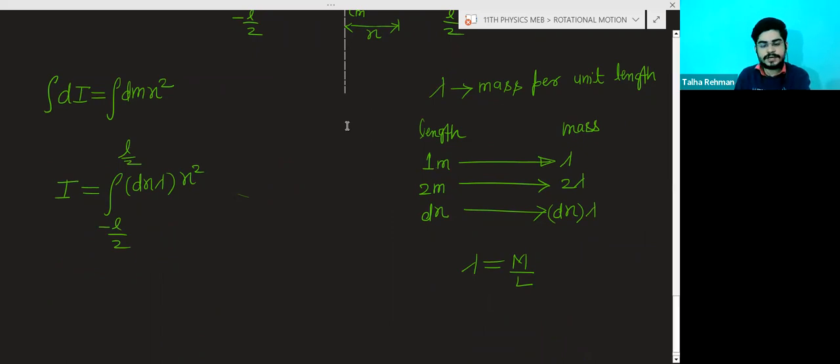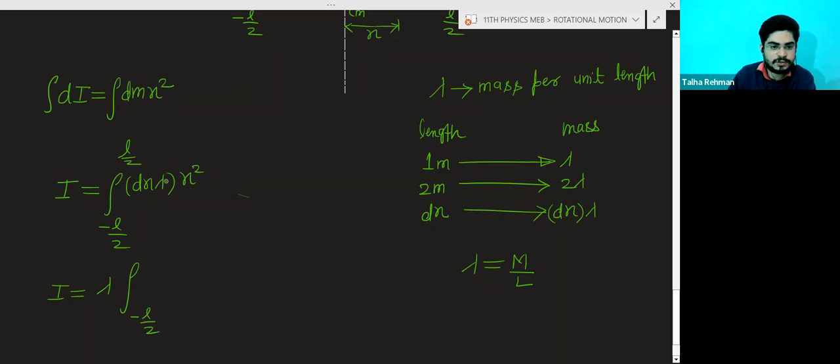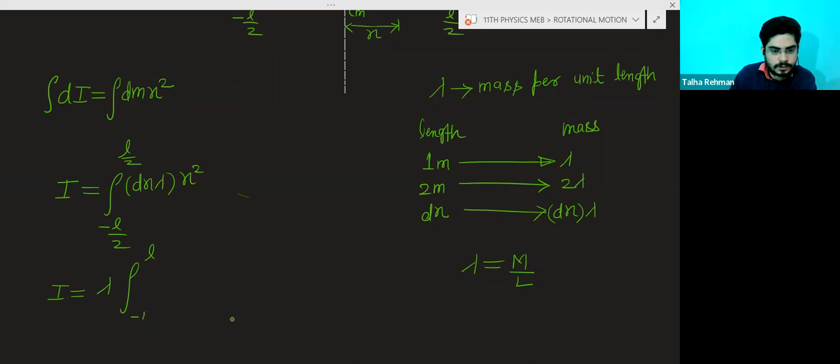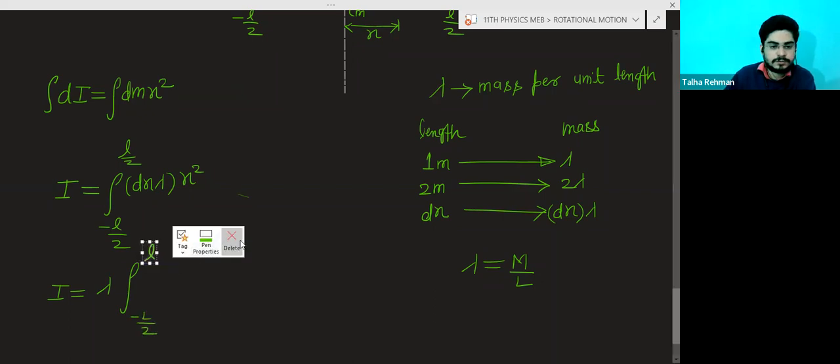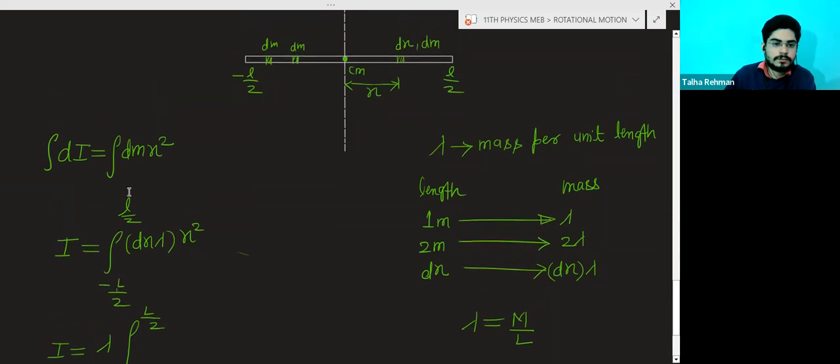Now I think you are in a condition to solve this easy integration. This lambda, I have told you, is a constant quantity, so you can take this outside of the integration. So here the limit is minus L by 2 to L by 2.